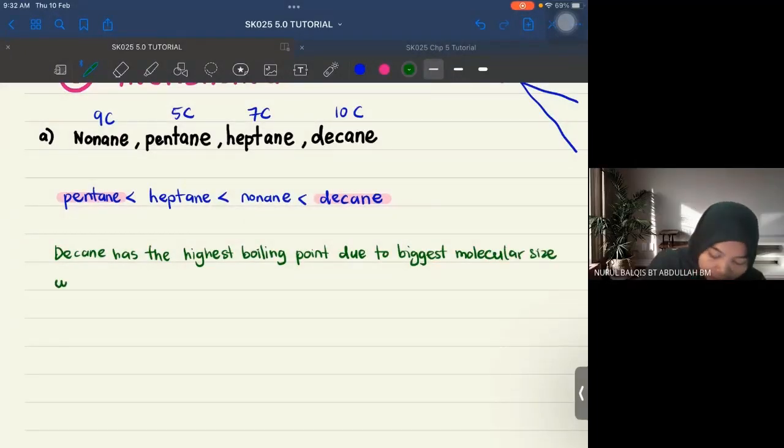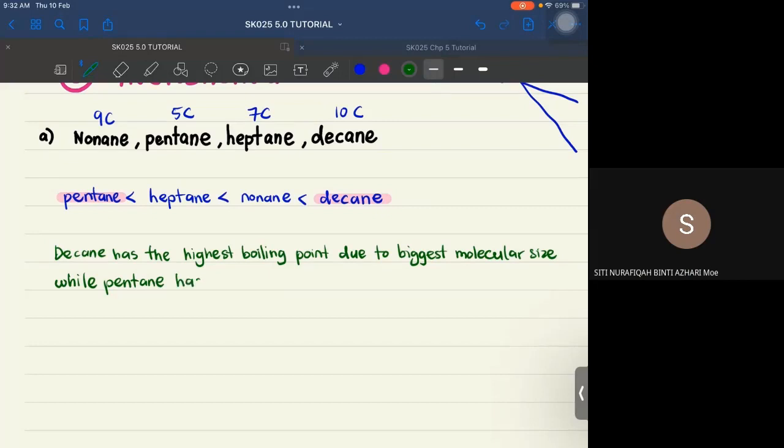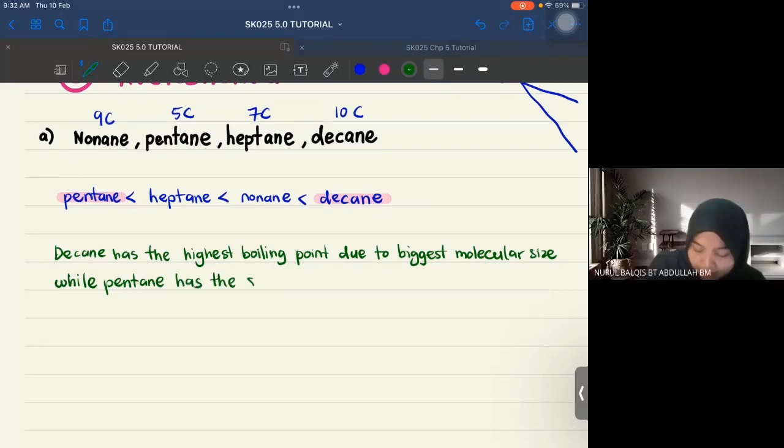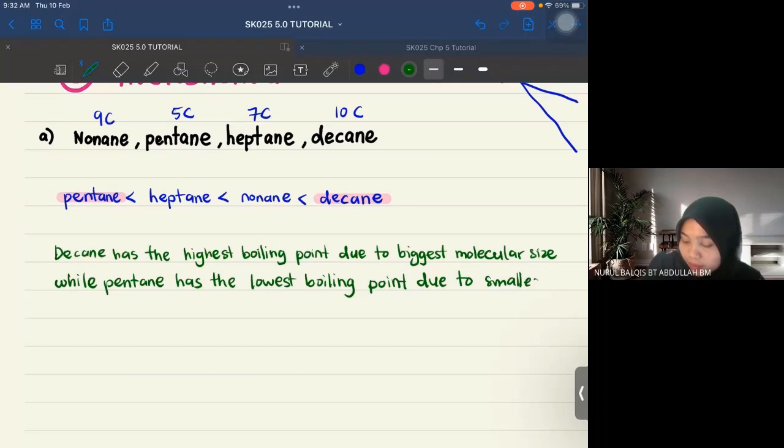While, kita cakap terus yang hujung. While pentane has the lowest boiling point due to smallest molecular size. Okay. Kita dah cerita pasal dua species.